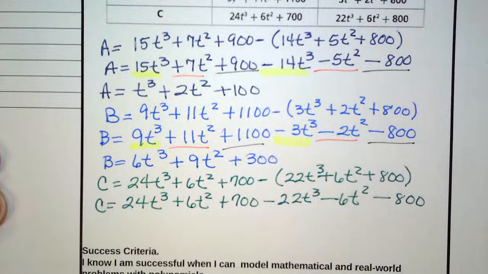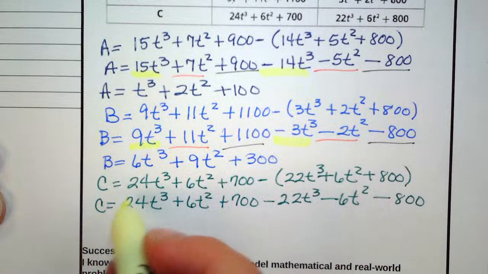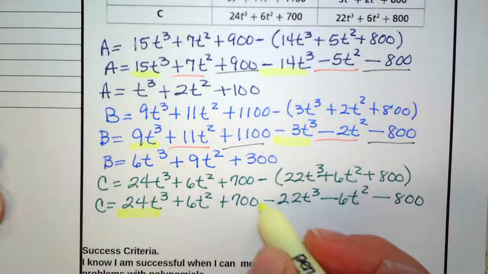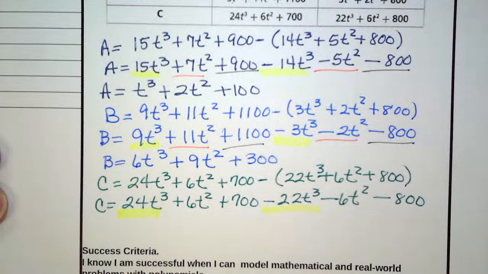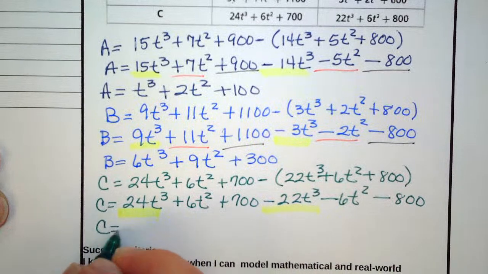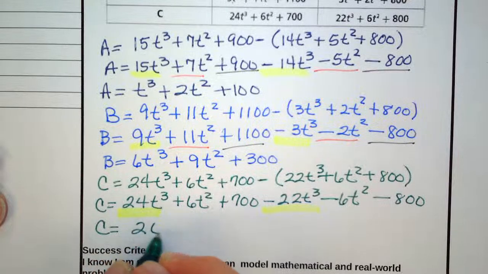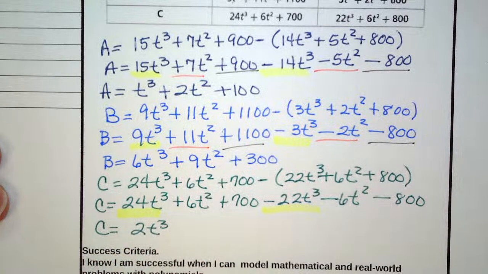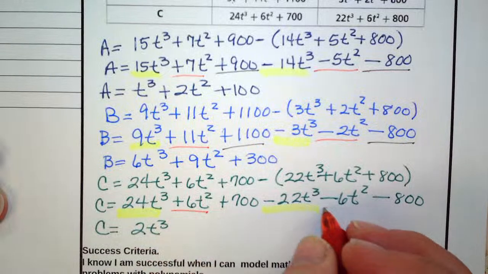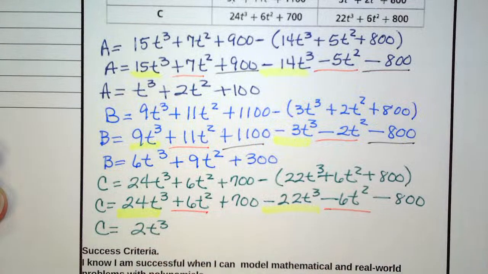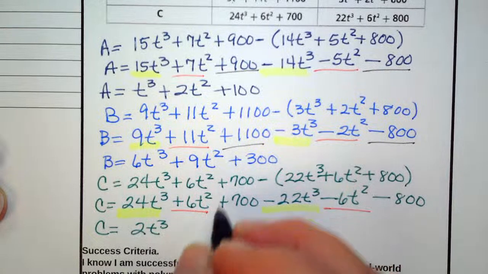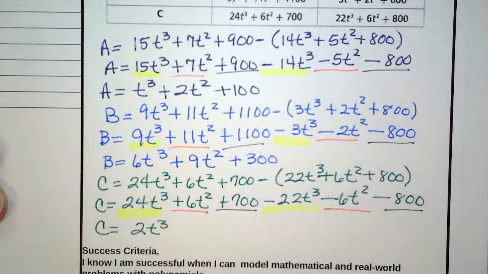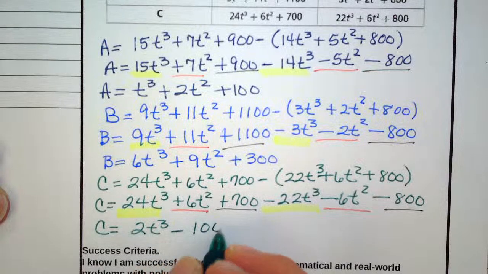Combine our like terms. 24t to the third minus 22t to the third. 24 minus 22 is 2t to the third. Okay, 6t squared minus 6t squared. They cancel out, that is 0. And finally, 700 minus 800. And that would be -100.